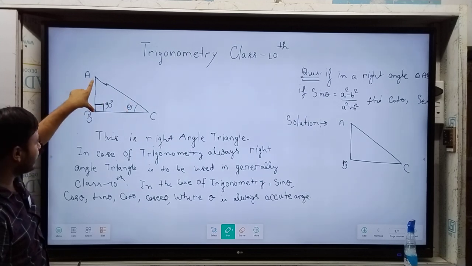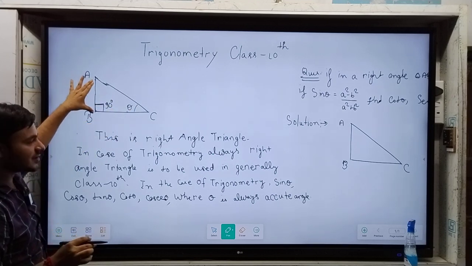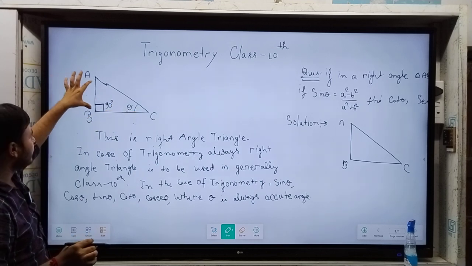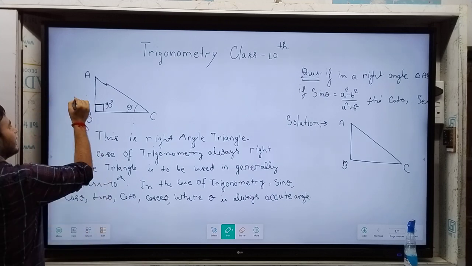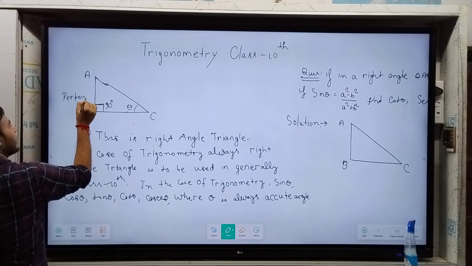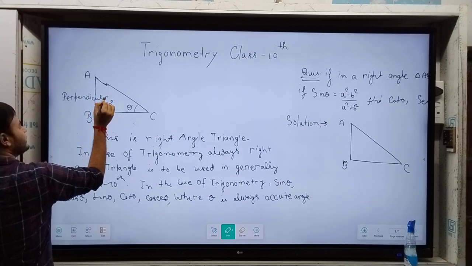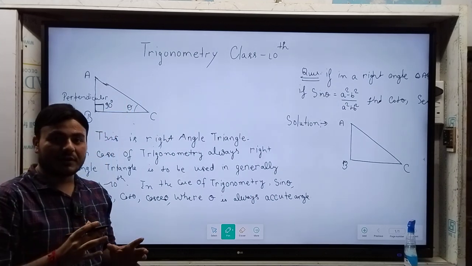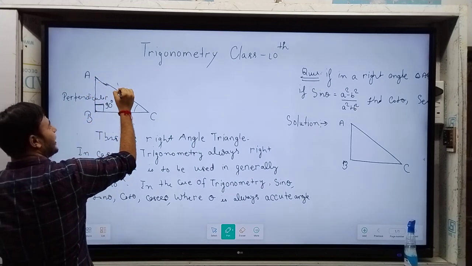In the triangle there are three sides: AB, BC, and CA. The first side, in front of the angle theta, is the perpendicular. The hypotenuse is the longest side, in front of the 90 degree angle, so the hypotenuse will be AC.